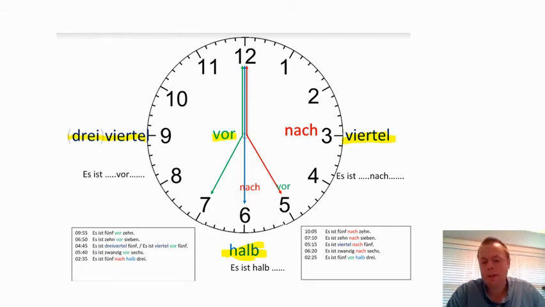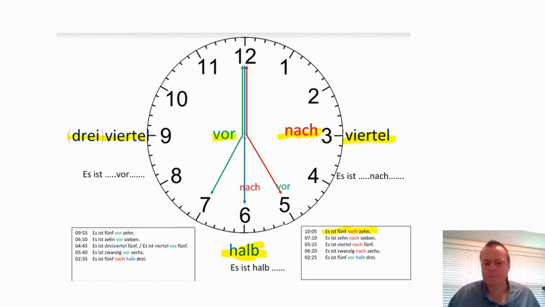Now, if you want to say that the time is after, you use nach. If it were 1:15, you might say es ist Viertel nach 1. Okay? Let's look down below and let's see if we can figure out what these mean.